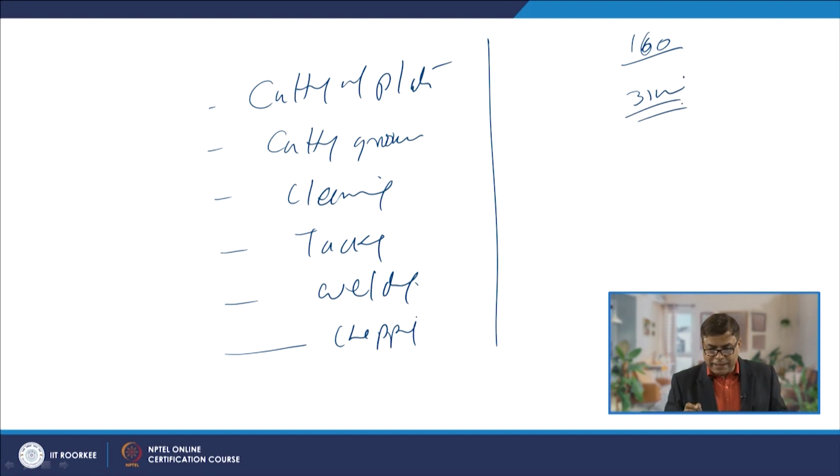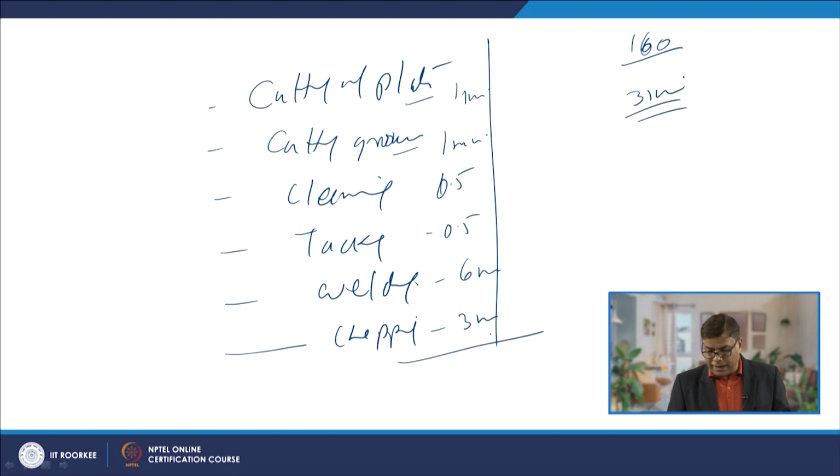Say in this case, cutting of the plates takes 1 minute, cutting of the grooves also takes 1 minute, cleaning takes half a minute, tacking takes half a minute, welding takes 6 minutes, and chipping takes let us say 3 minutes.